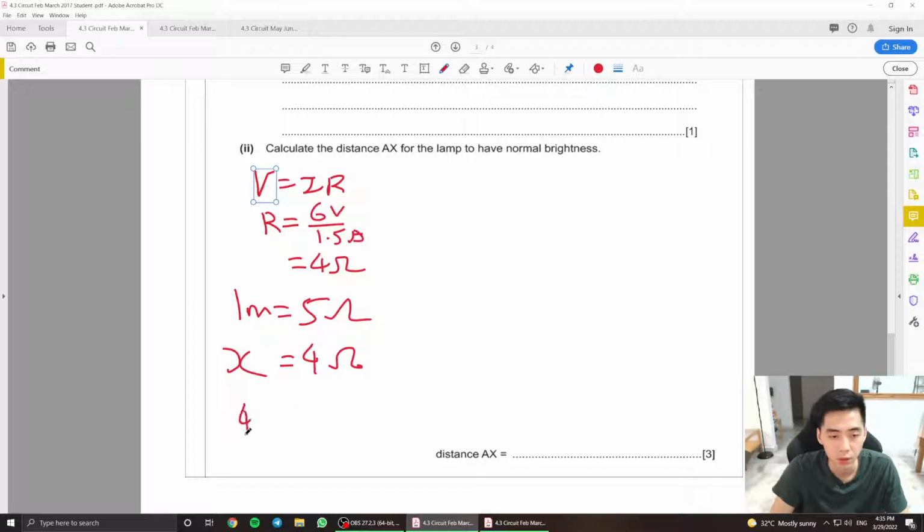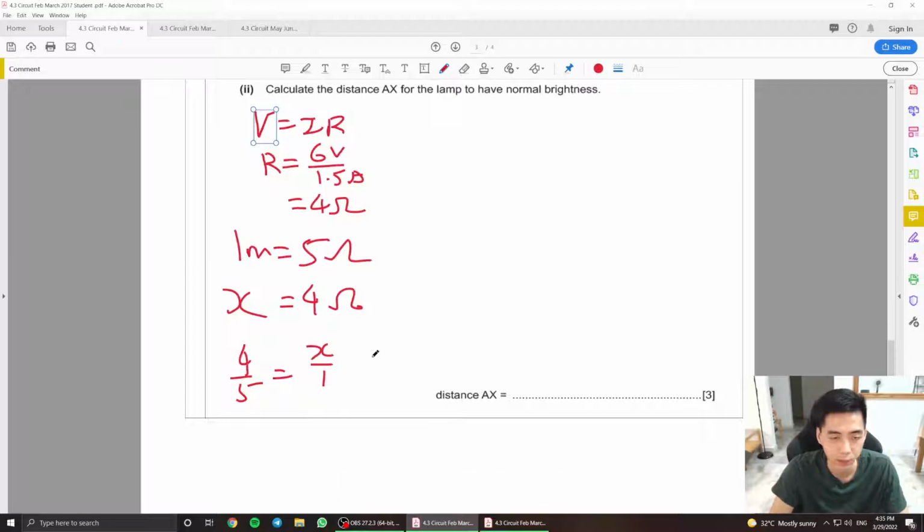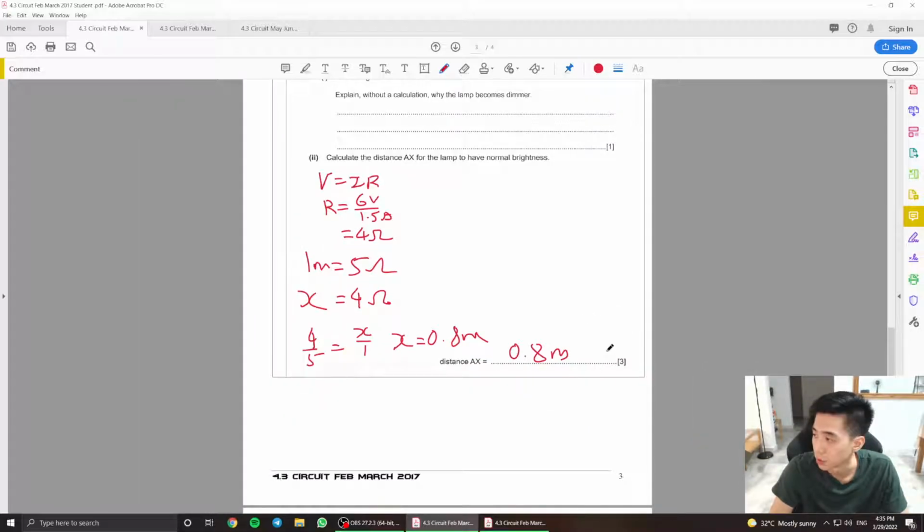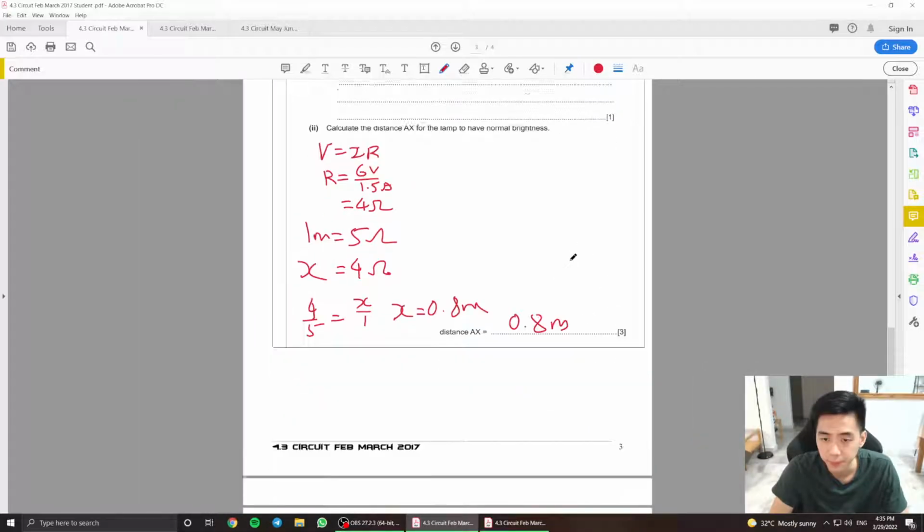Obviously, you use 4 over 5 equals X over 1, and if you press it in the calculator, your X is 0.8 meters. Okay? So just make sure you write this, 0.8 meters.